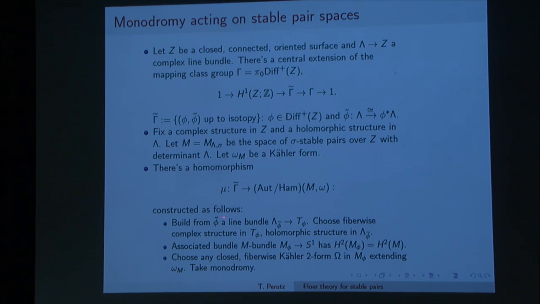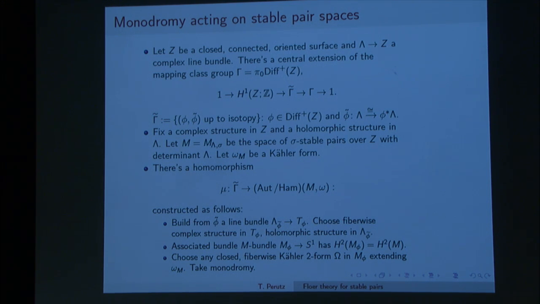You use this linearization phi tilde to build a line bundle over the mapping torus. You then choose a fiber-wise complex structure in that and a fiber-wise holomorphic structure in this line bundle. So, in other words, you build yourself an associated bundle of stable pair moduli spaces over the circle. Okay, so you start with, you think of phi as determining a bundle over the circle with fiber a surface.